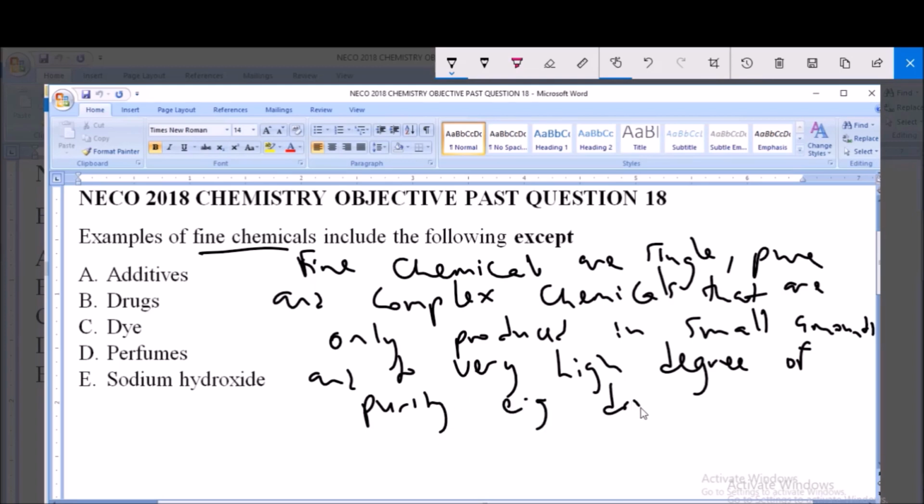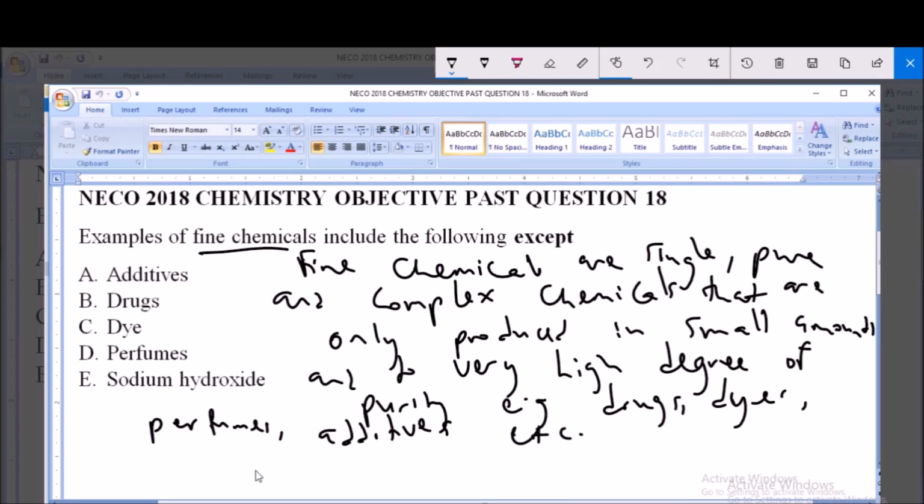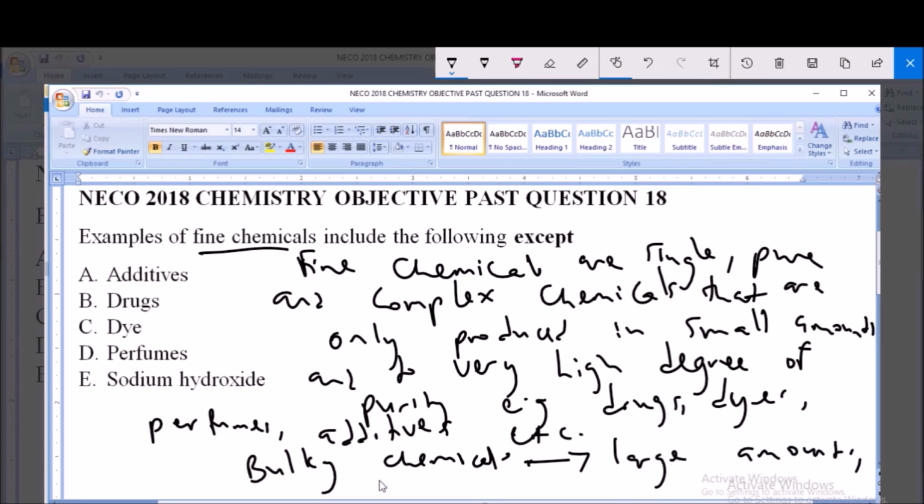Examples include drugs, dyes, perfumes, additives, etc. Now, the opposite of fine chemicals is bulky chemicals. So bulky chemicals are those that are produced in large amounts and the degree of purity is not really emphasized.